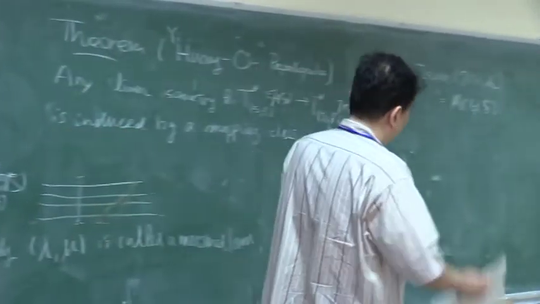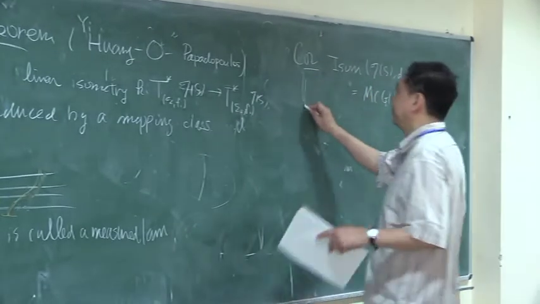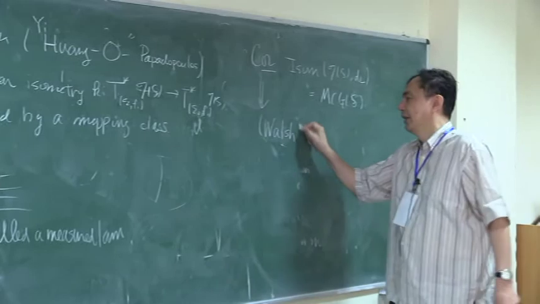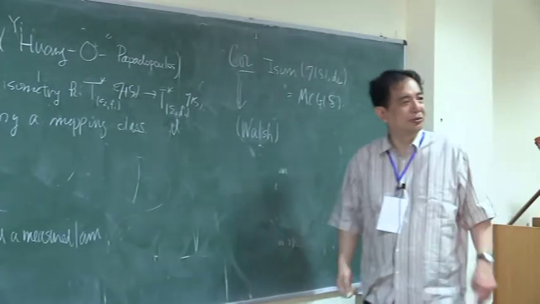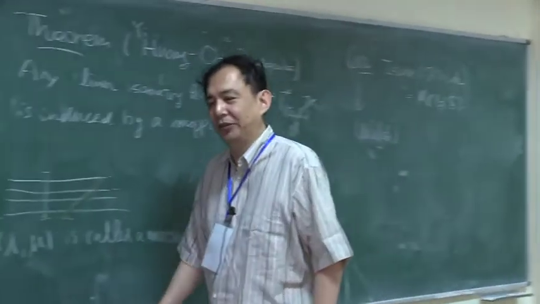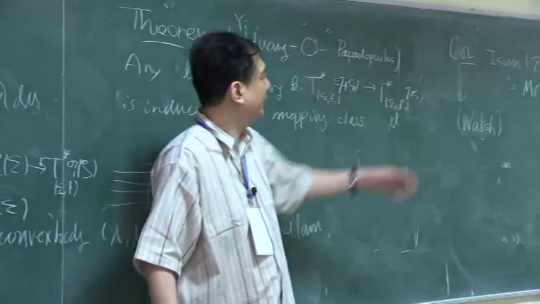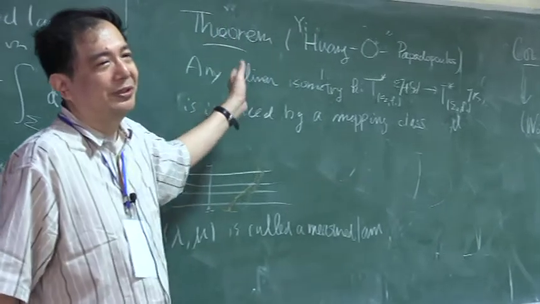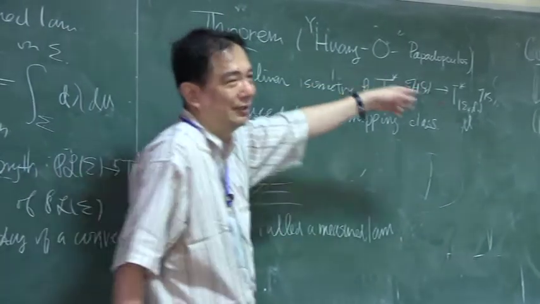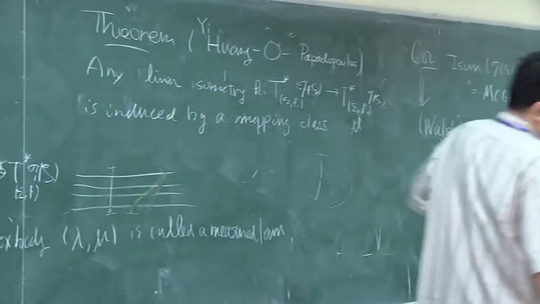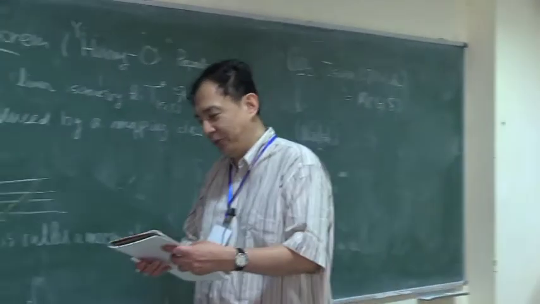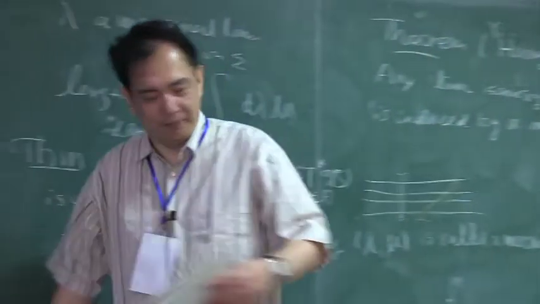Okay. For this theorem, there was an earlier proof by Walsh. But he uses some global geometry of the Thurston metric, so the technique is quite different. So we show the infinitesimal version first, which is stronger than the rigidity theorem, and then as a corollary, we get an alternative proof of the Walsh theorem.